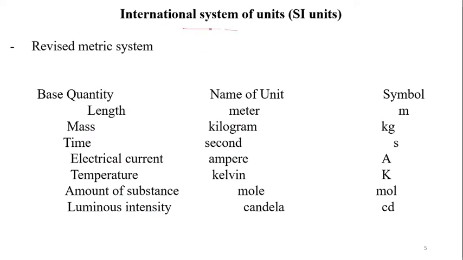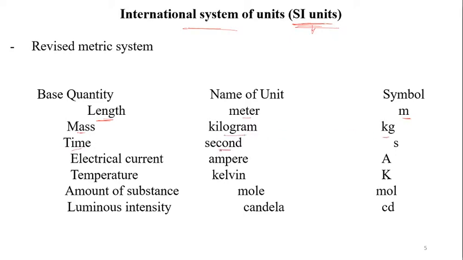The international system of units is used to express most substances, and it is agreed that any other units can be derived from those units. The unit of length is the meter, and the symbol is m. The unit of mass is the kilogram, symbol kg.